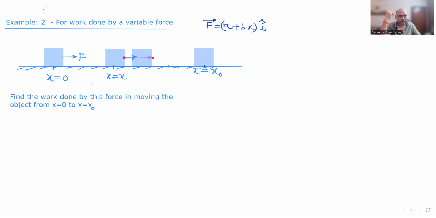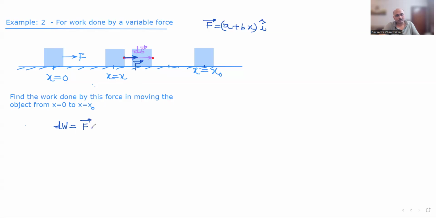This purple vector is representing the displacement ds vector. And the blue vector here is representing the force F vector.